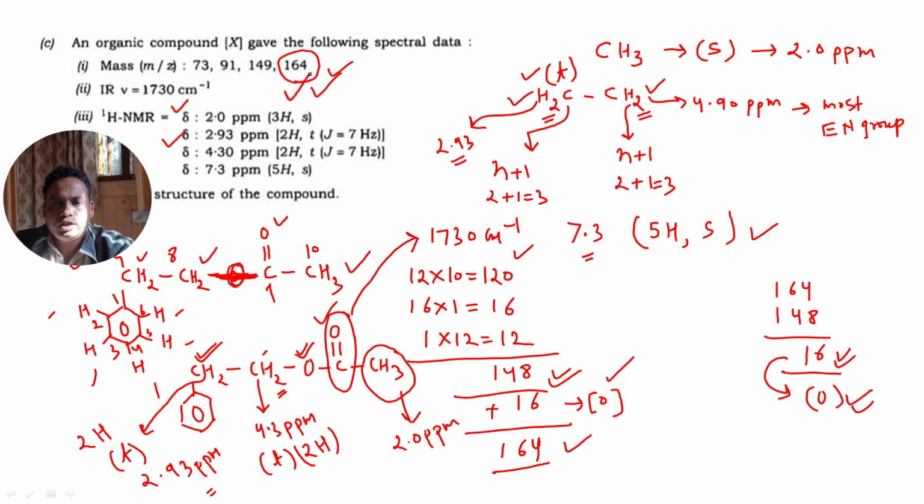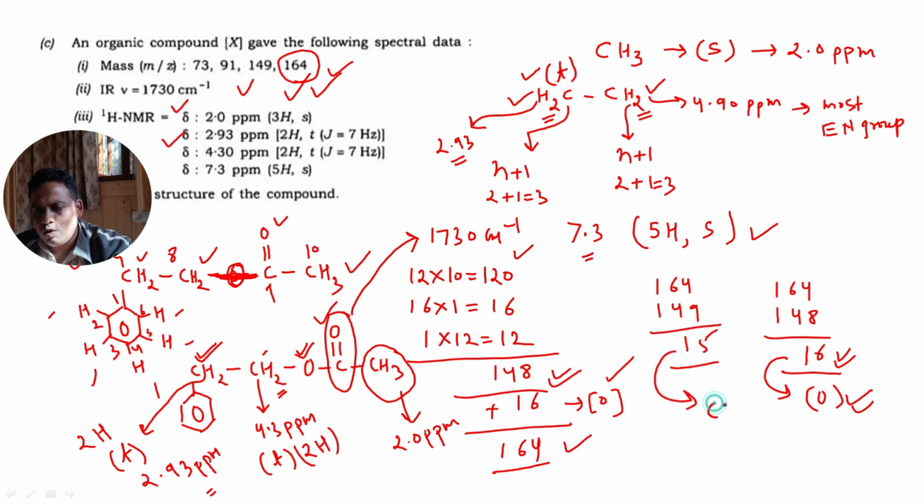See, this is your 164, and then you are getting 149. So how to solve this one? 164 is given. If you subtract 149 from here, this will give you 15, and 15 mass units correspond to CH3.